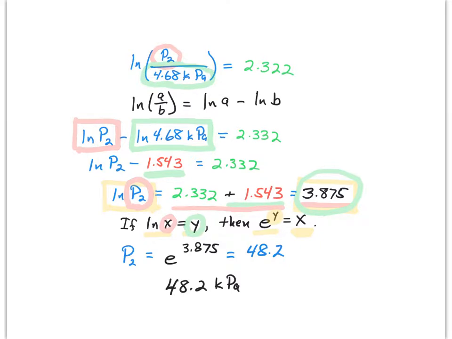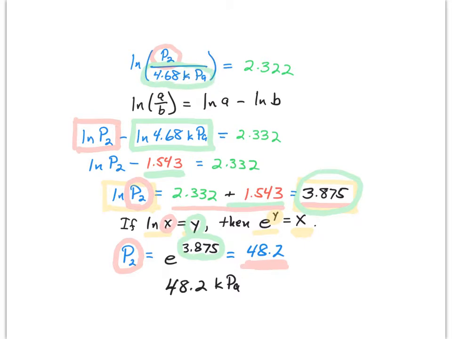So that means that our pressure 2 is equal to e raised to that power, and if we put that in our calculator and evaluate it, you get 48.2 as the answer. And since our original pressure was in kilopascals and these were a ratio, right?